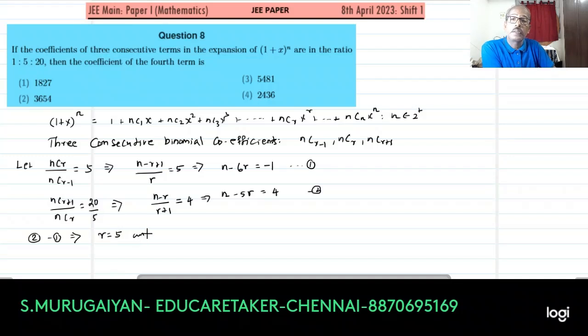And n equal to minus 1 plus 6r, 6 into 5, so n minus 30 is equal to minus 1. Then this implies n equal to 29.